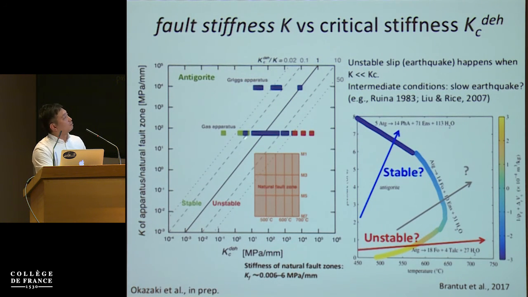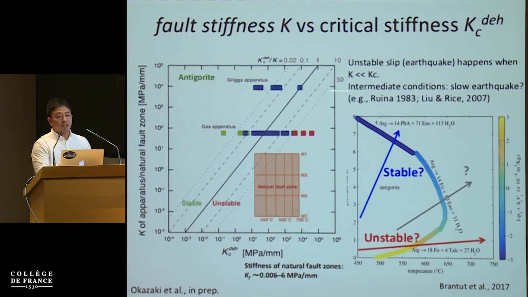So we can explain our data based on this discussion. For Greek's experiment, which used a very stiff apparatus, we can plot only stable weakening or something like that. Recently many people have run experiments using the D-DIA. The D-DIA should be super stiff, way over here.